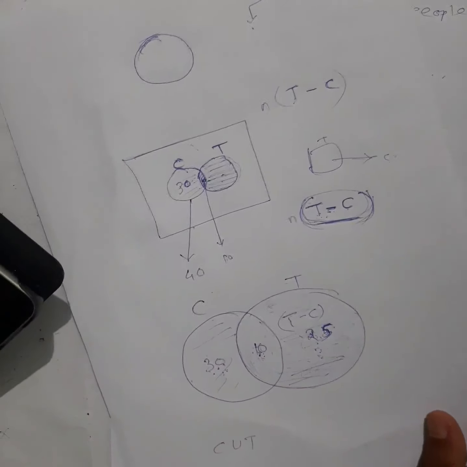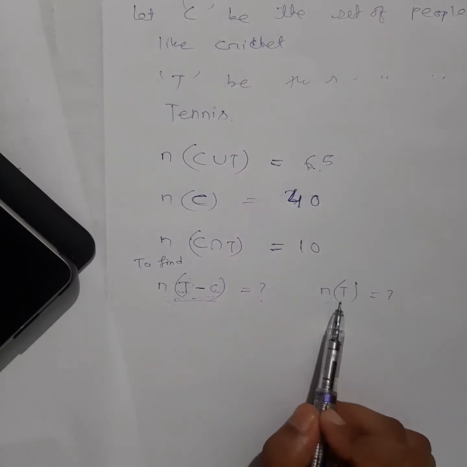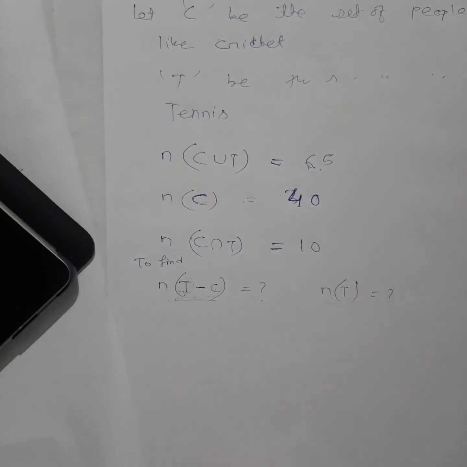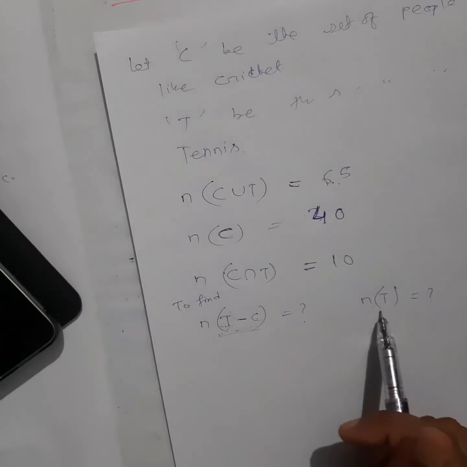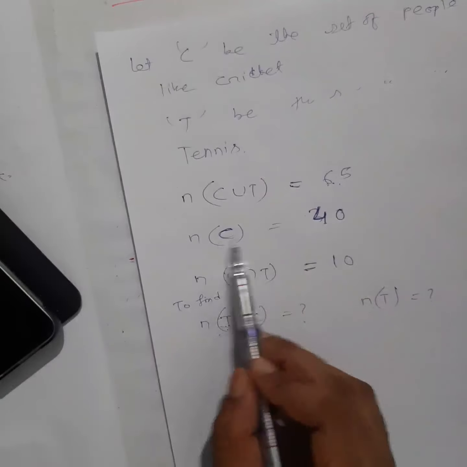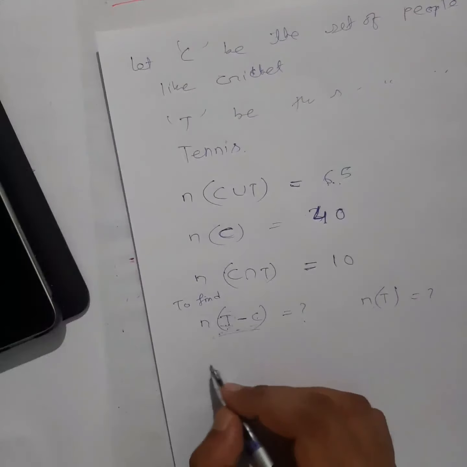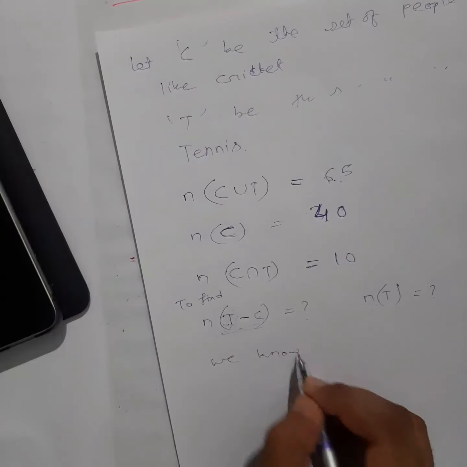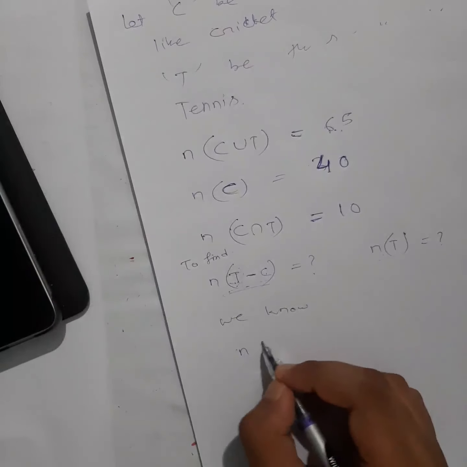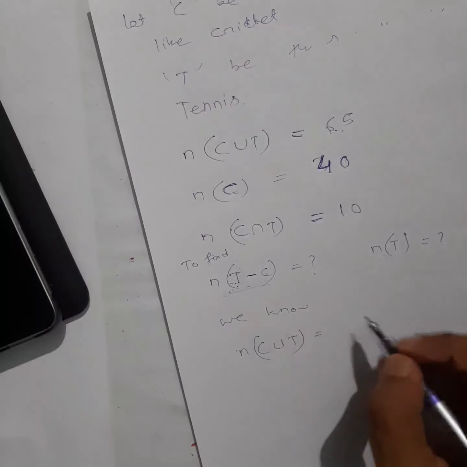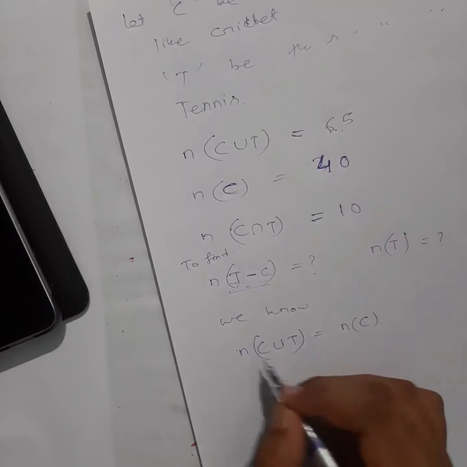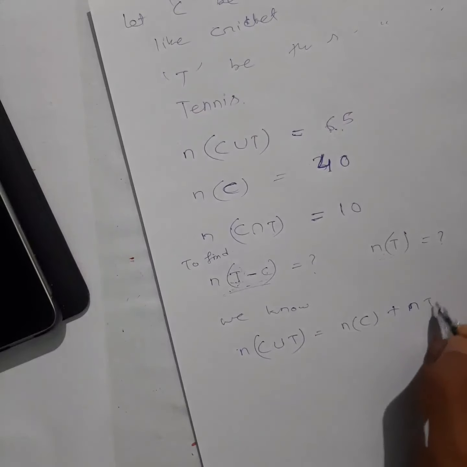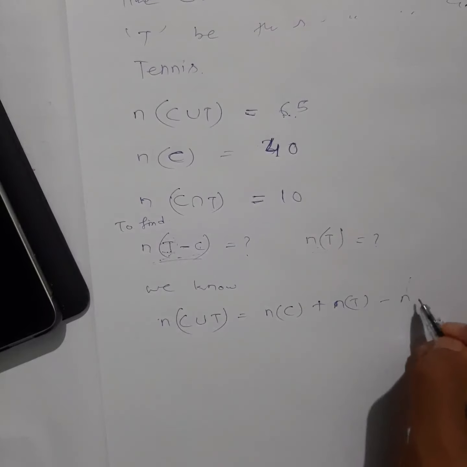I have to find out the number of T. You can easily find it, right? Union you know, intersection you know. So we know C union T is equal to the number of people who like cricket plus the number of people who like tennis minus the number of people who like both.